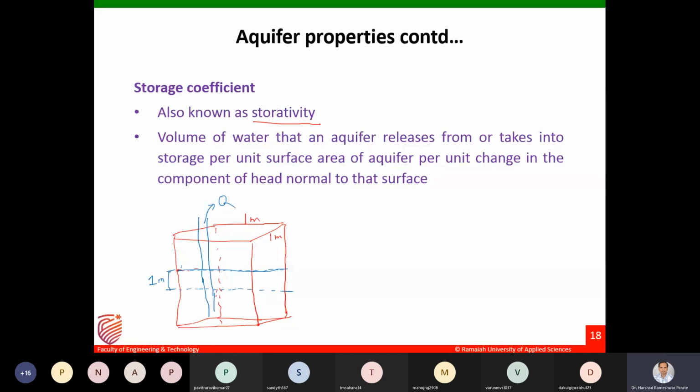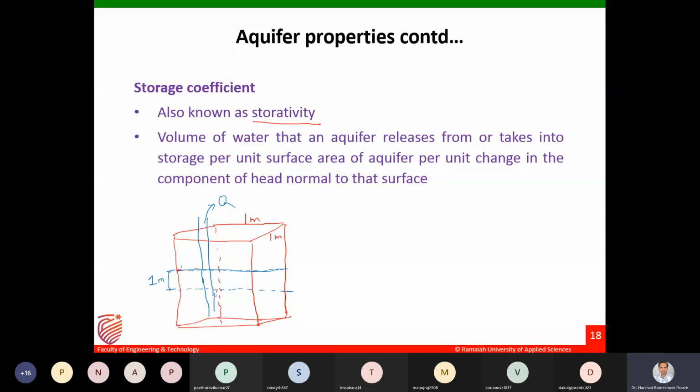So in the 1 meter change in the water table, how much water it can release or how much water it can take, considering the unit surface area of aquifer, is your storage coefficient or storativity. Clear? What is the storativity? Yes, sir.